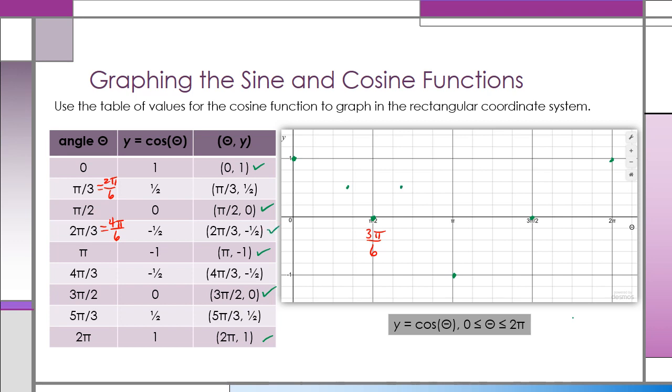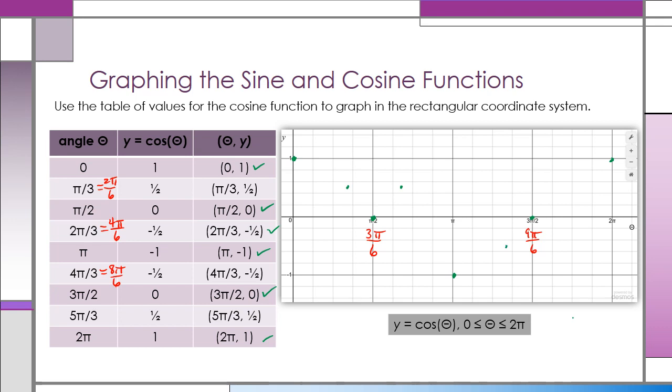4 pi over 3 is 8 pi over 6. So let me see here. 3 pi over 2 is 9 pi over 6, correct? So 8 pi over 6 would be just a little bit to the left of that. And I'm down at -1/2.